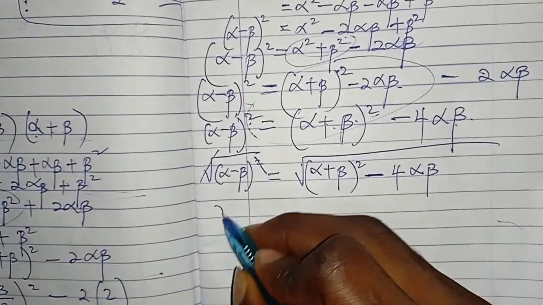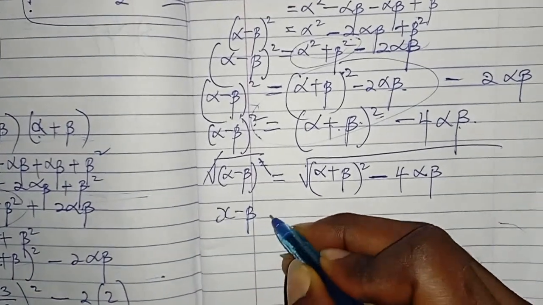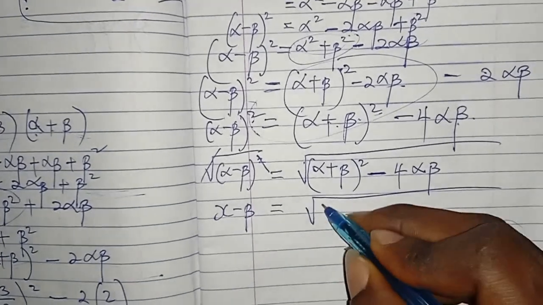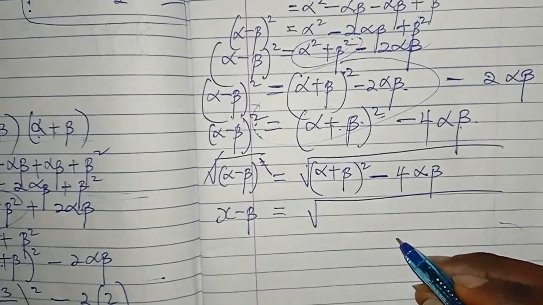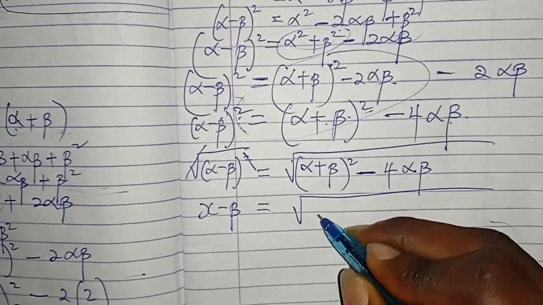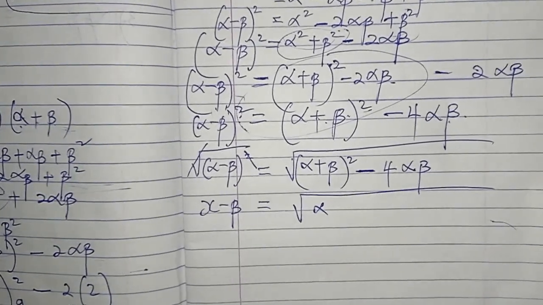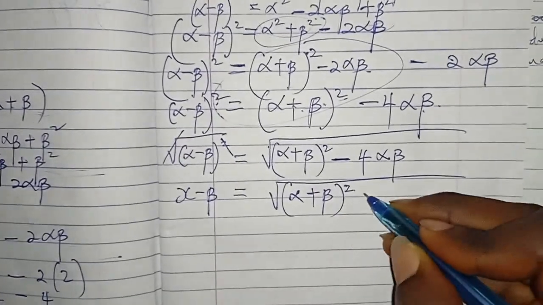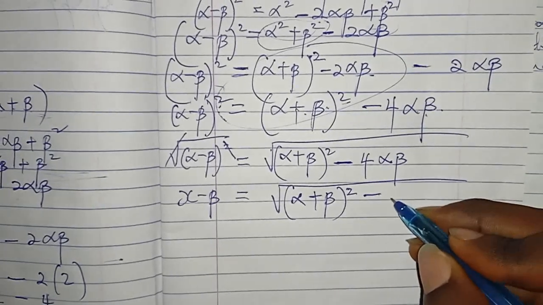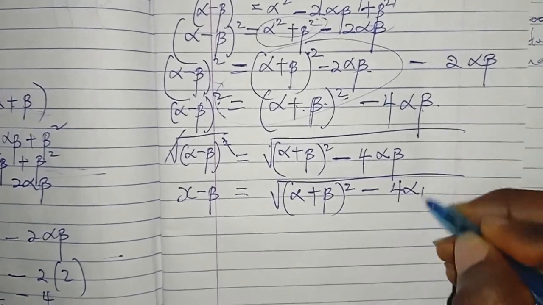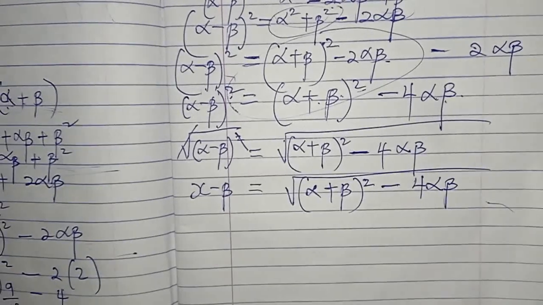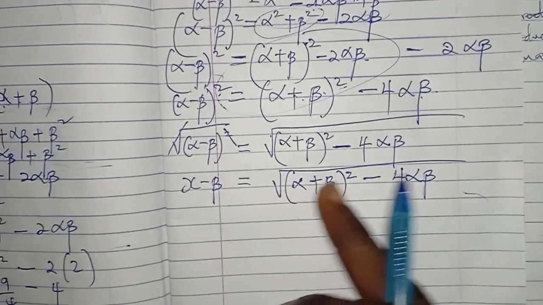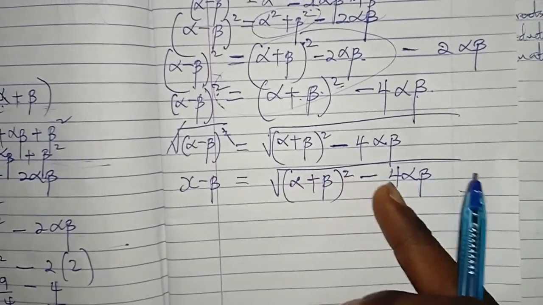So that I now have alpha minus beta equals roots of alpha plus beta all square minus 4 alpha beta.